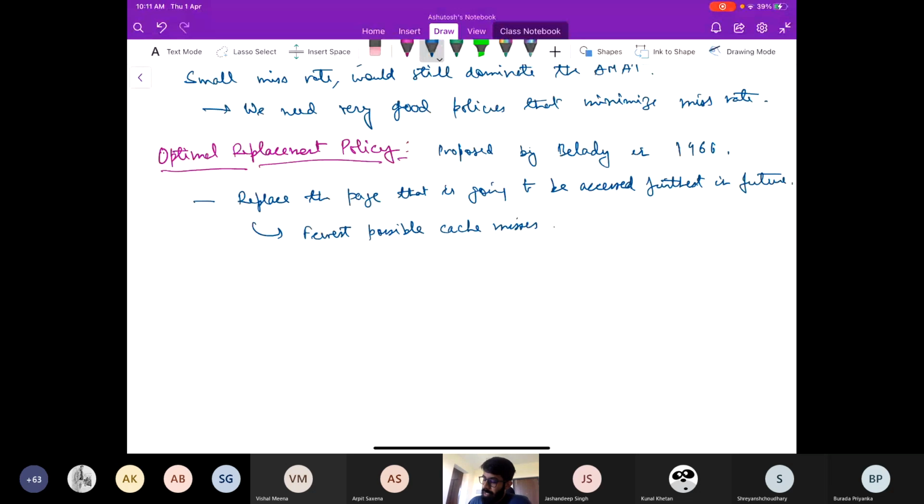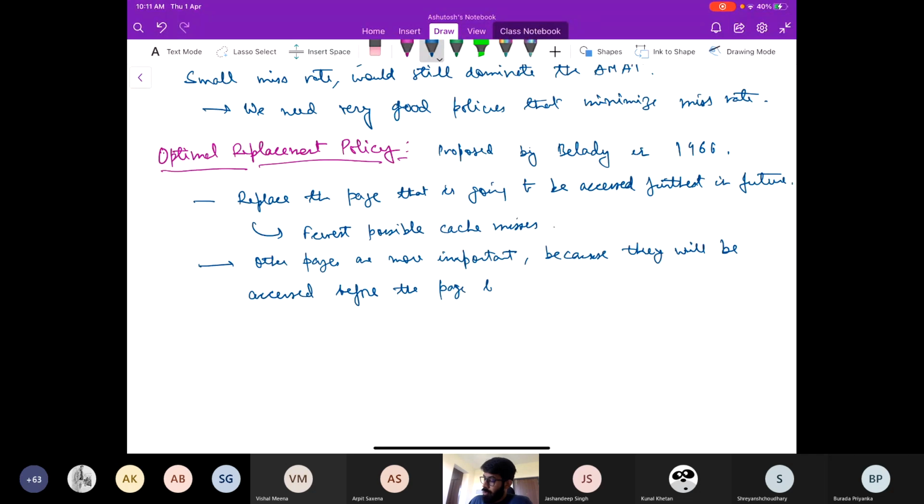And why? It just says that basically the other pages are more important, because they will be used before it. So they'll be accessed before the page to be thrown out.